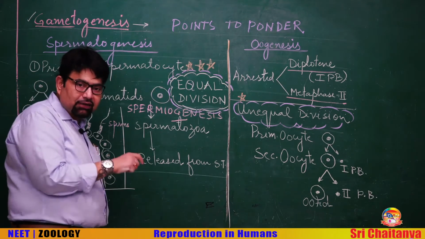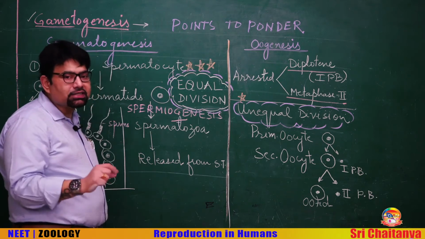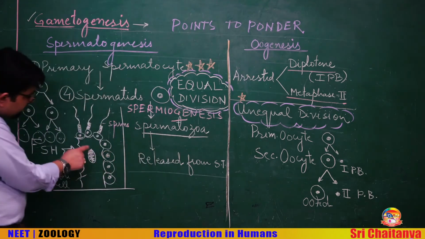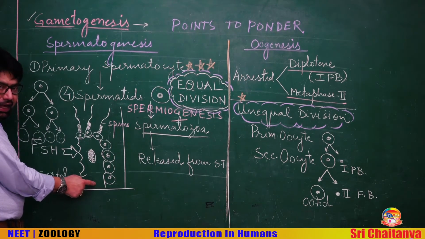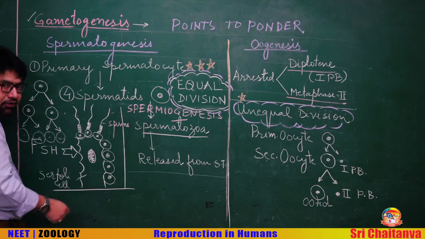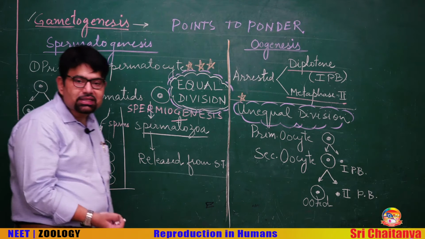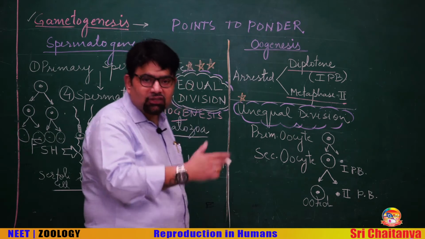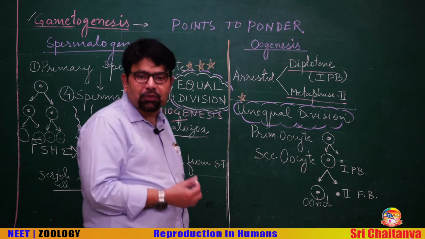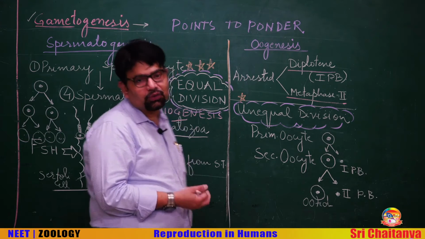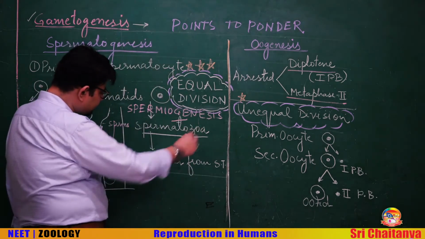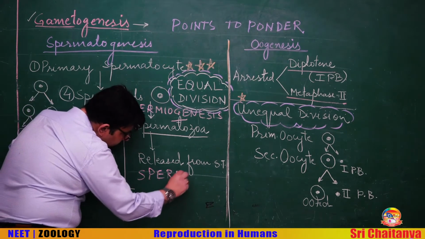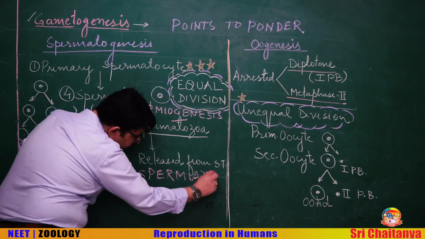Spermatids to spermatozoa, differentiated, with a head, a middle piece and a tail, well-differentiated sperms. These spermatozoa still remain attached to the Sertoli cell, and a time comes when they are released. They get detached from the Sertoli cell and released out from the seminiferous tubule. This detachment and release of sperms out of the seminiferous tubule is termed spermiation.